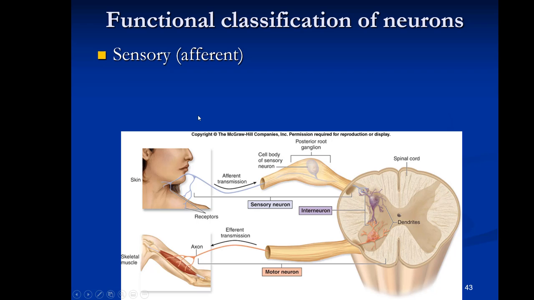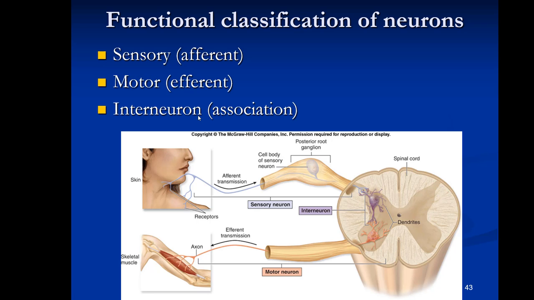All right, neurons can be classified structurally and functionally. Functionally is pretty easy, and we've actually done this already. A neuron that transmits information towards the central nervous system, this is your spinal cord, and this is how it looks in the skin, would be a sensory neuron, because it's carrying information towards the central nervous system. Motor, or efferent, carries information away from the central nervous system, maybe out to muscle in the body.